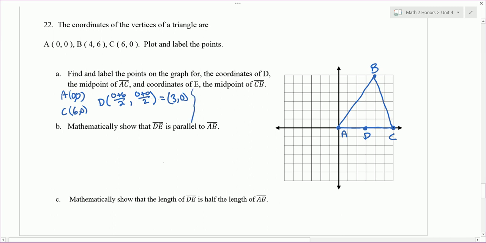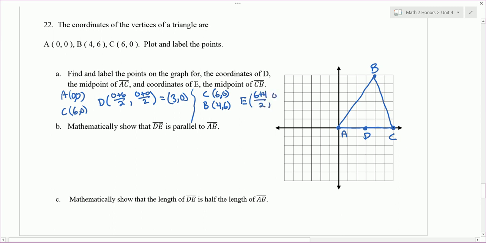Alright, so we labeled the coordinate D, which is the midpoint of AC. Also, we want the midpoint of CB. C is (6, 0). B is (4, 6). So E is going to be the midpoint of those two. You add the x values and divide by 2.